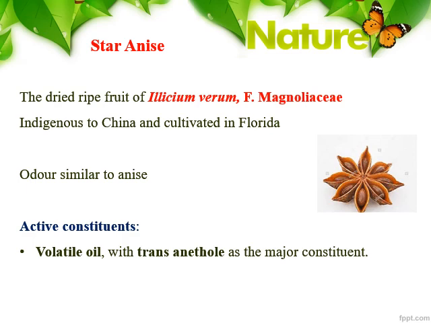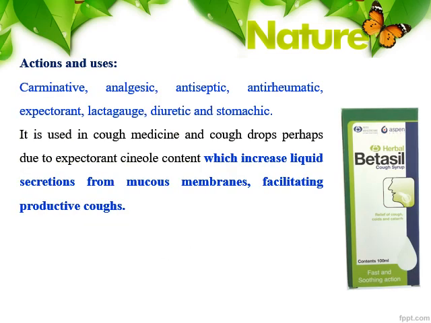It has a similar odor to anise. The active constituent is mainly volatile oil with anethole, which is why it is similar in odor. It is used as carminative, analgesic, antiseptic, and antirheumatic as a topical application. Also used as expectorant, lactagogue, diuretic, and stomachic.